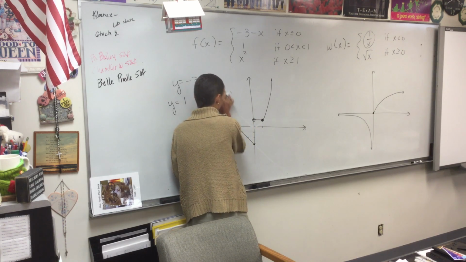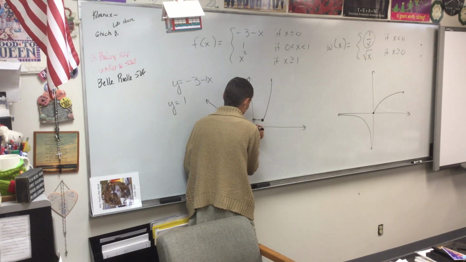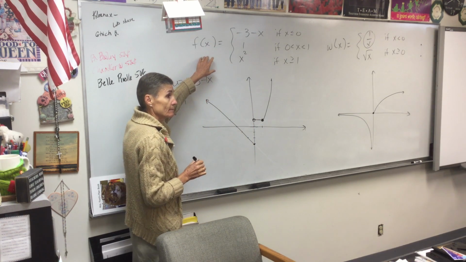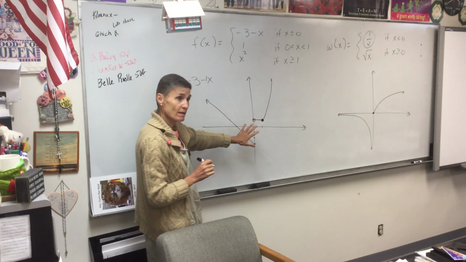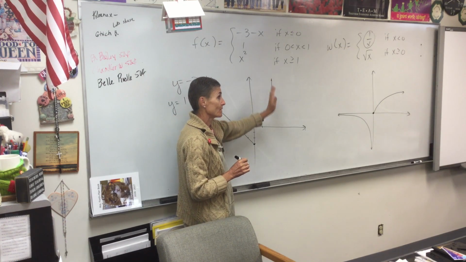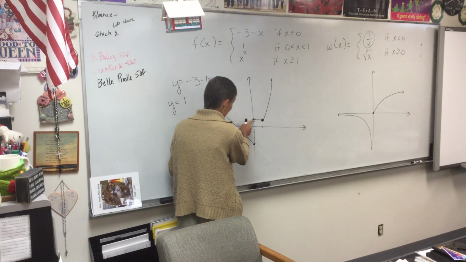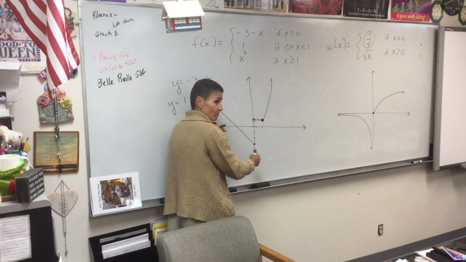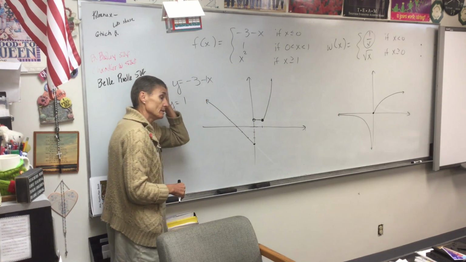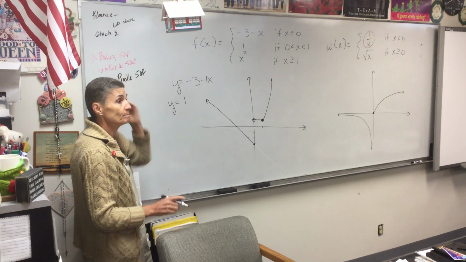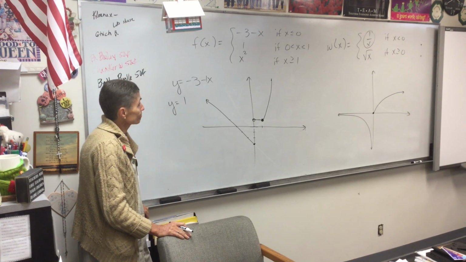and get rid of all of this. Now, one thing I haven't talked about is that these are all functions. As strange as it looks, does this pass the vertical line test? Yes. You might be a little confused here, but remember, that point's not included. So that passes the vertical line test. That is your function. Domain? All real numbers.